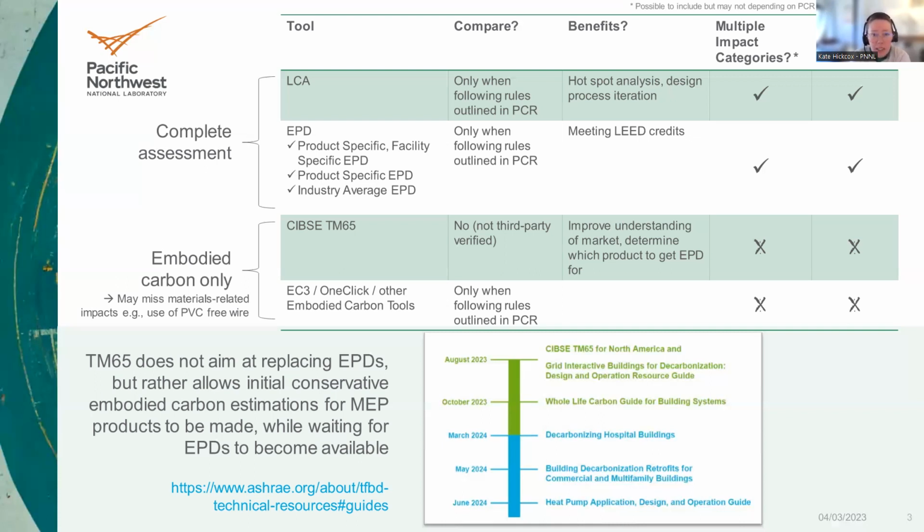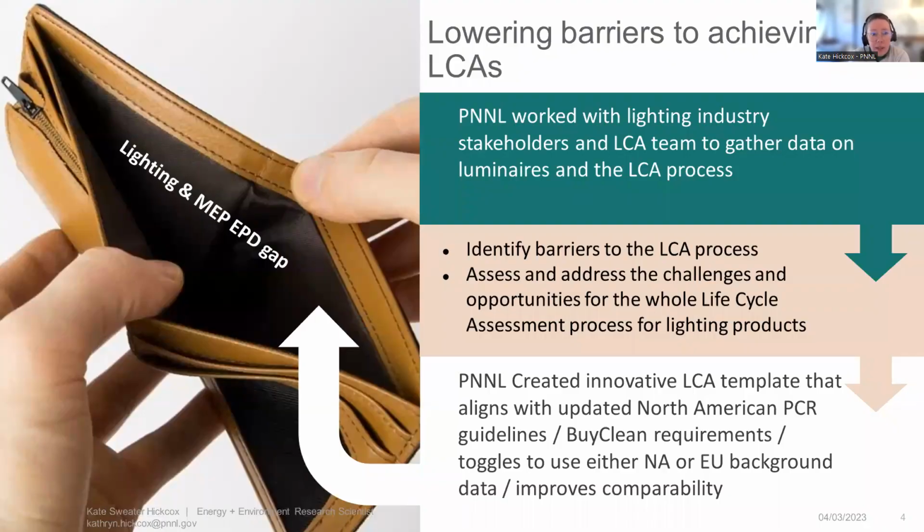You could skip to the next slide. We've been working on this LCA related project for about a year and a half. The relevant part for today is that we've been looking at this gap.